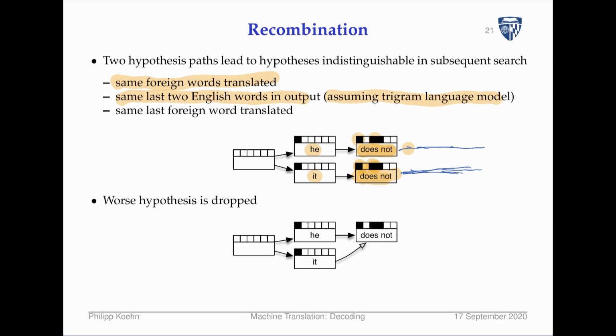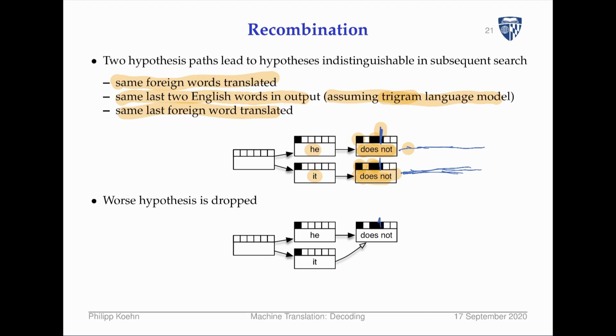But in this case, the last 2 English words are the same. Again, this is assuming a trigram language model; with a 4-gram or 5-gram model, that's not the same anymore. And also the last foreign word, which has to do with reordering. We ended up translating this word here last, and that's the same again in both cases.